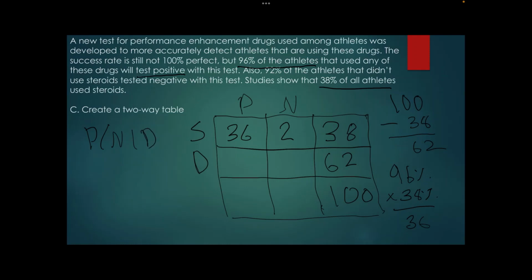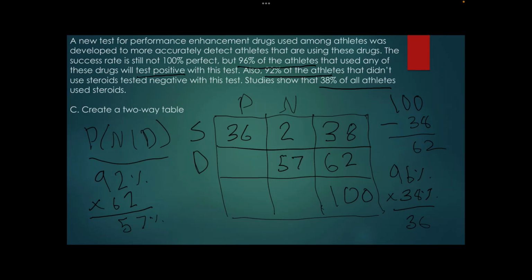we have to do 92% times 62, which we get from the people that did not use steroids. 92% of 62 is 57%, which means that here we have to put 57%.